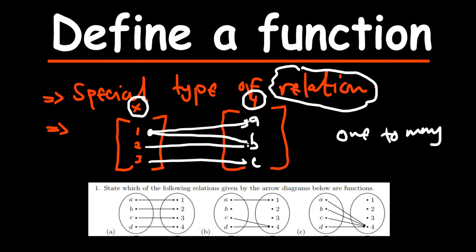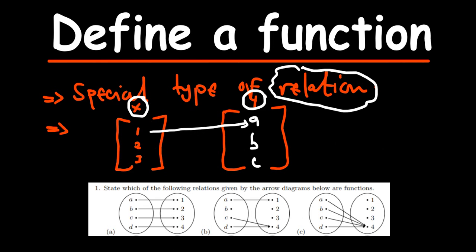And then apart from one-to-one and one-to-many relation, we also have a many-to-many relation. So let's say for example we have this. Many-to-many relation means we have one element of set X being mapped maybe to two elements of set Y. And then also from one here I'm going to maybe B, and then that B is also mapped to 3 like that.